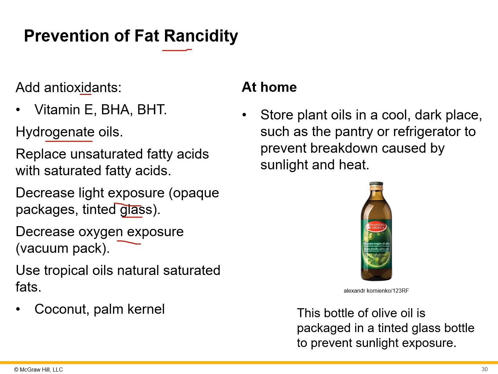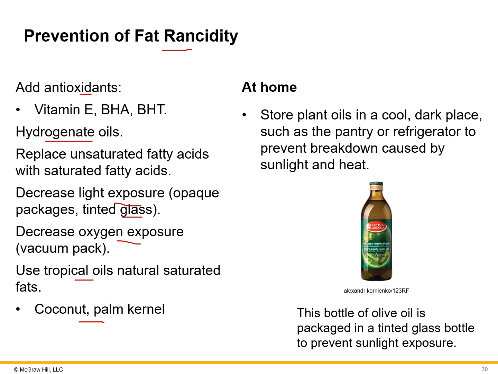So even using smaller containers so that you're not opening and closing it as much can help with that. And then also tropical oils are naturally saturated, like coconut and palm kernels, so they are not going to decompose because they don't have those double bonds to begin with.